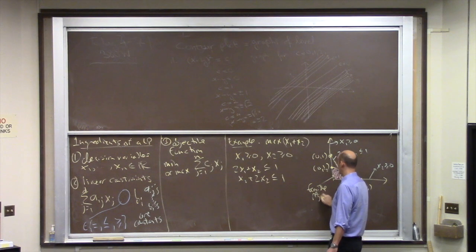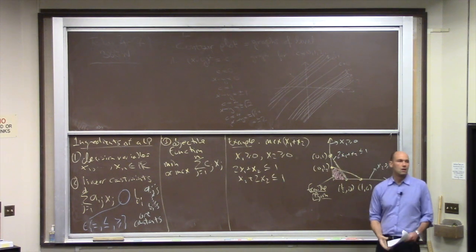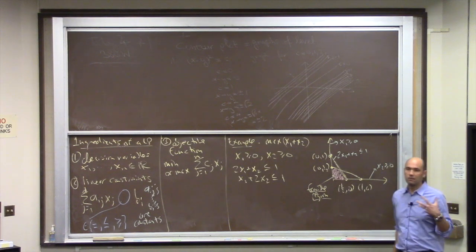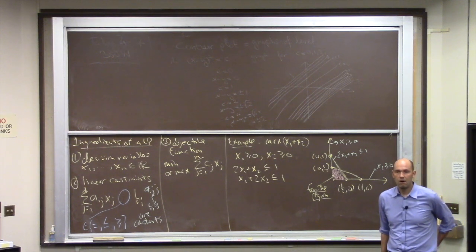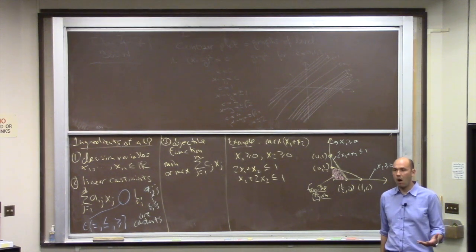This is called the feasible region. The feasible region is the set of all ways to set the decision variables so that all the inequality constraints are satisfied, possibly with equality, possibly not with equality, possibly with slack. So any questions about that? Everyone see that that's the feasible region?